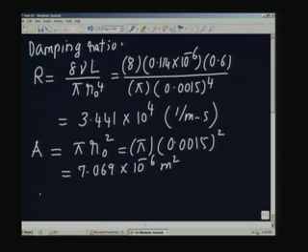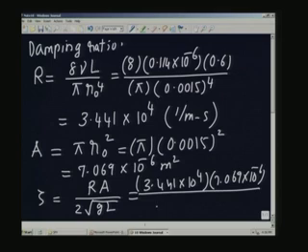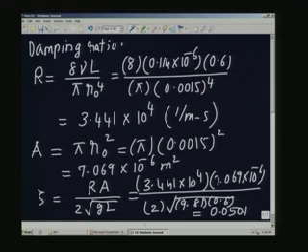So, the damping ratio zeta is nothing but R A by 2 root g L, and I just plug in the values: R into A divided by 2 square root of 9.81 into 0.6. This comes to 0.0501. So, the damping ratio has come out to be 0.0501.